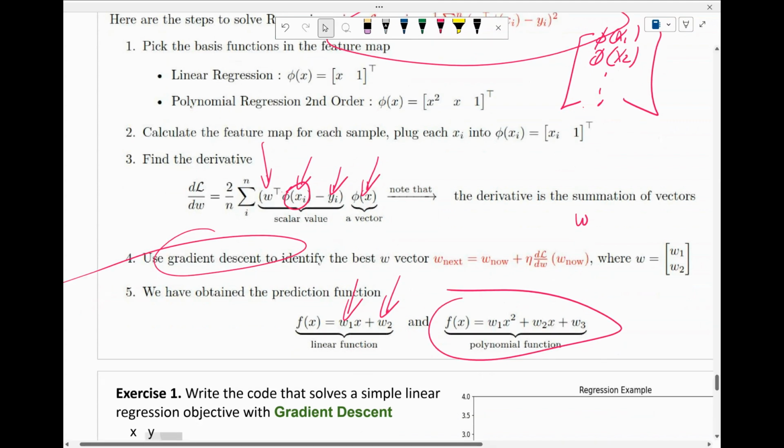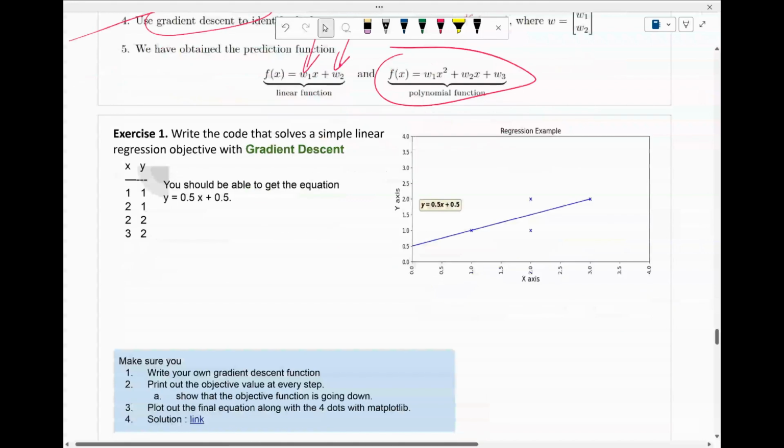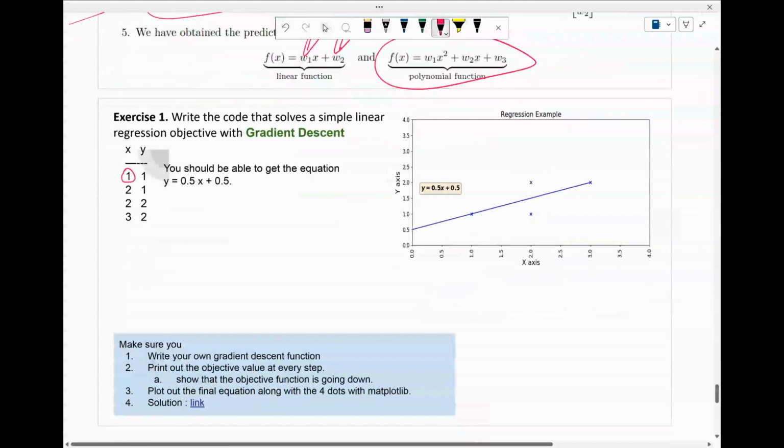Okay. So for your exercise today, the y's are the labels, and these are your data points. So 1 1 is right here, that's one point. 2 1, 2 2, and 3 2. These are the points.